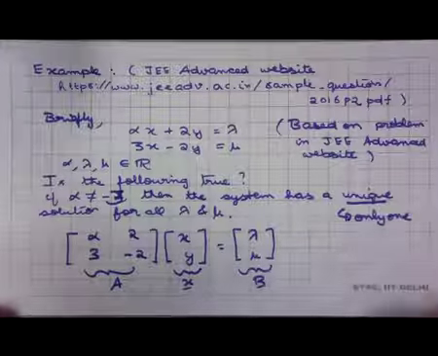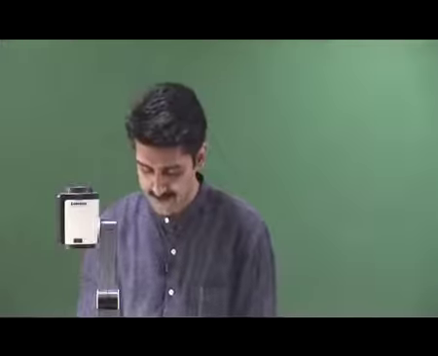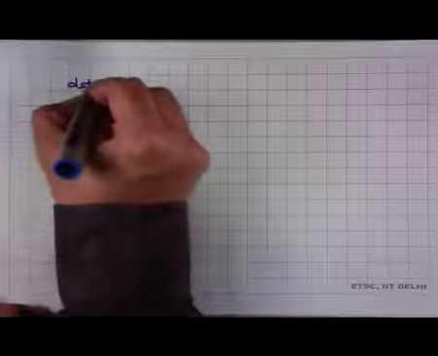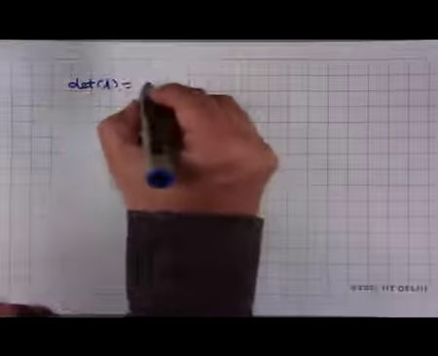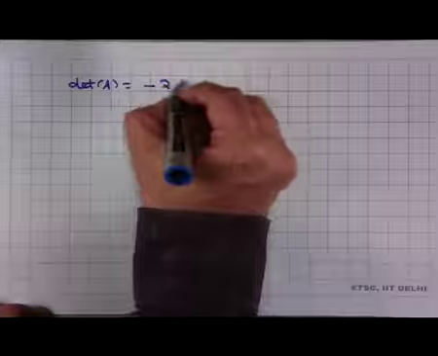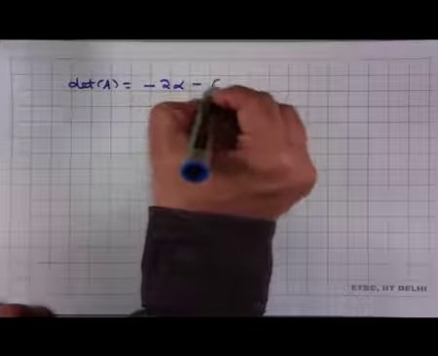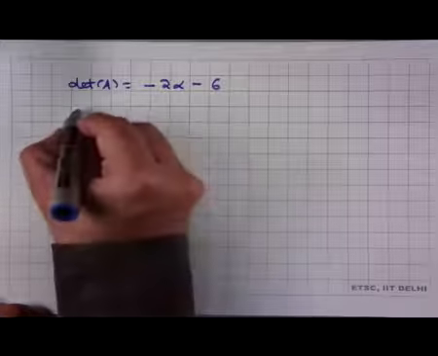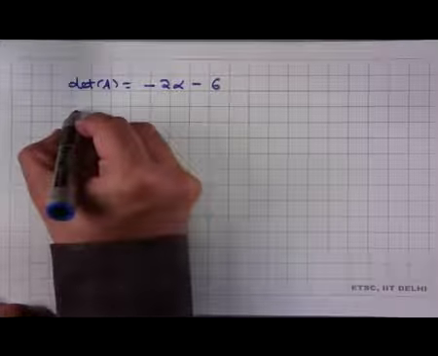So, first of all let us check whether it has a solution or not. How do we check that? We check that by first calculating the determinant of A. The determinant of the A matrix is minus 2 alpha minus 6, and we note that this determinant is not equal to 0 if alpha is not equal to minus 3, because if alpha is equal to minus 3 then the determinant is 0.